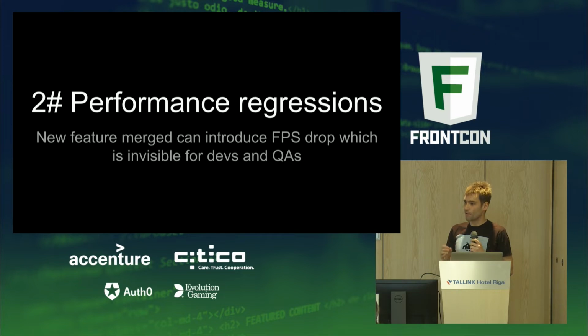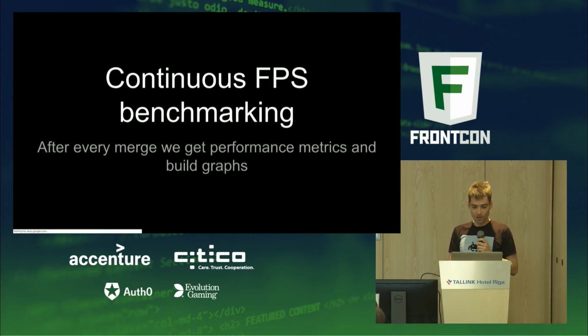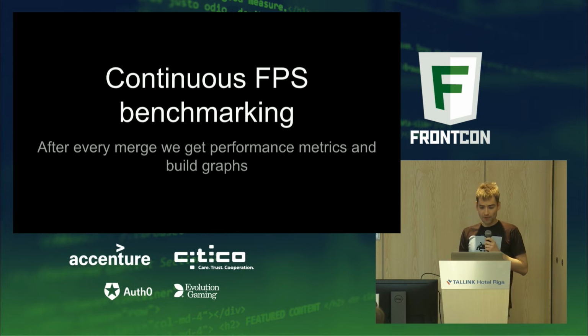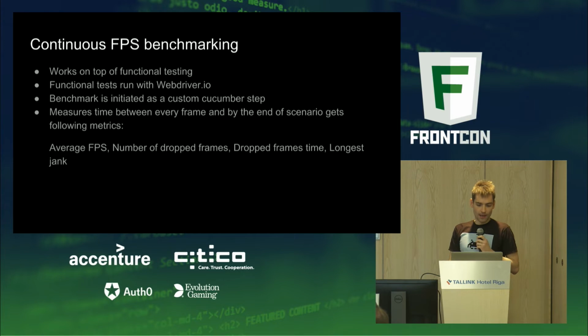So you need a more precise system, and you need more effort to keep the system free of regressions. So what we came up with is continuous FPS benchmarking, which tracks the performance, what the FPS is, and other smoothness metrics after every merge request gets into develop. How does it work?